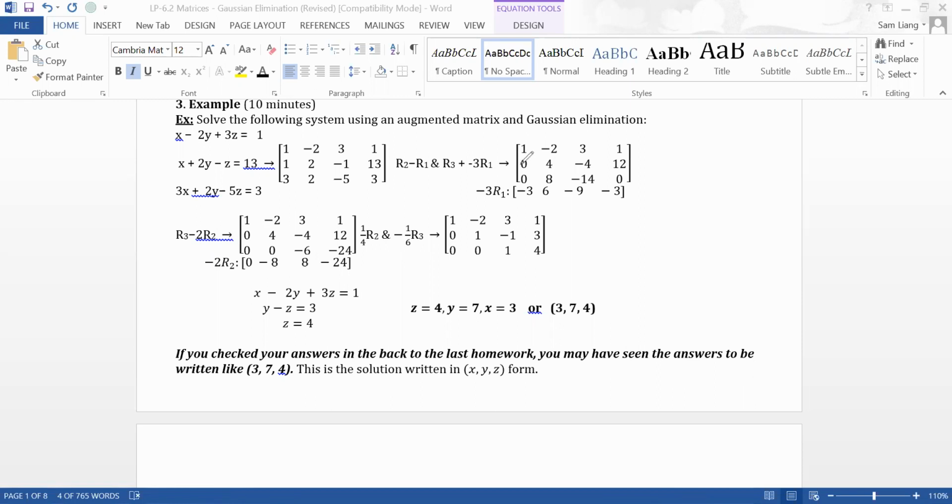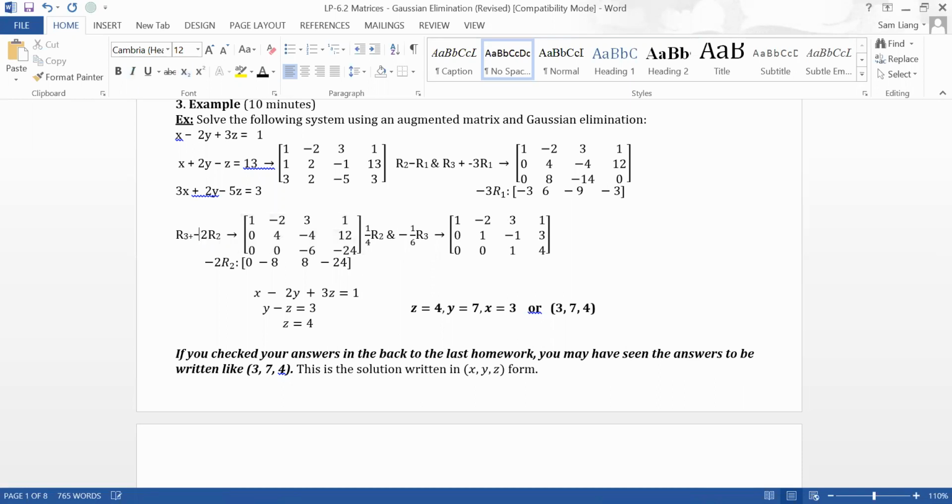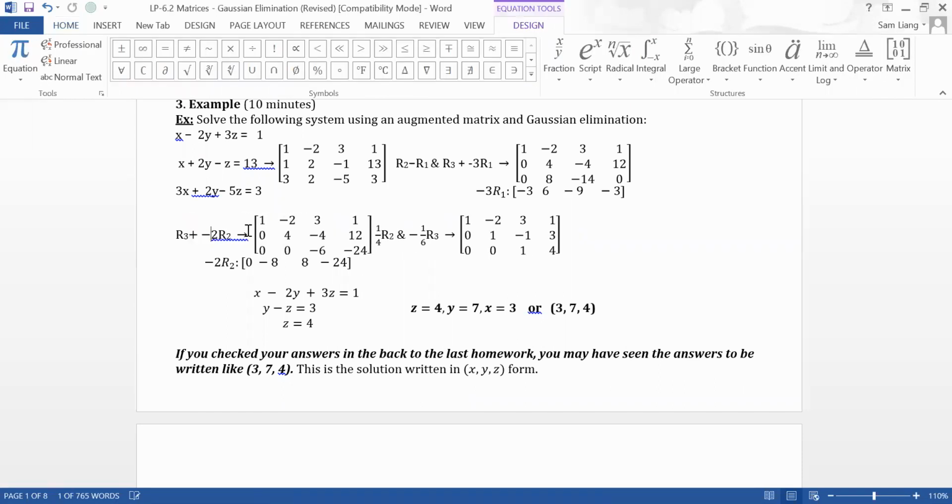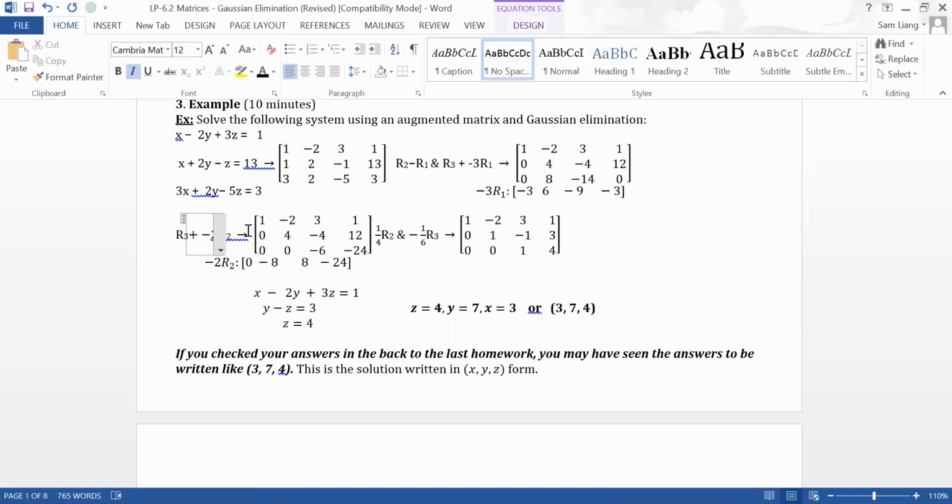All I did there was multiply the second row by negative 2. Okay, and then I'm going to modify R3. So I'm going to do R3 minus 2R2, right? Again, you can see that as R3 plus negative 2R2. Write that there.